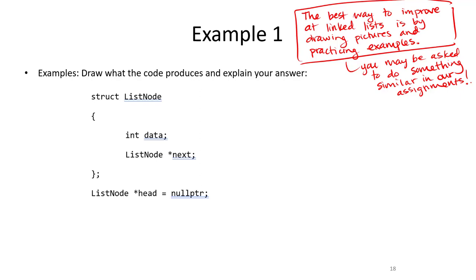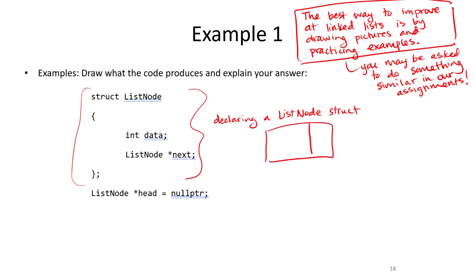So in our first example here, we are asked to draw what the code produces and explain your answer. So this first bit here is actually not really producing anything. Here we are just declaring a list node struct. And we know that each list node struct will have some int variable named data. So I'll just call this data, where there's an int sized space.